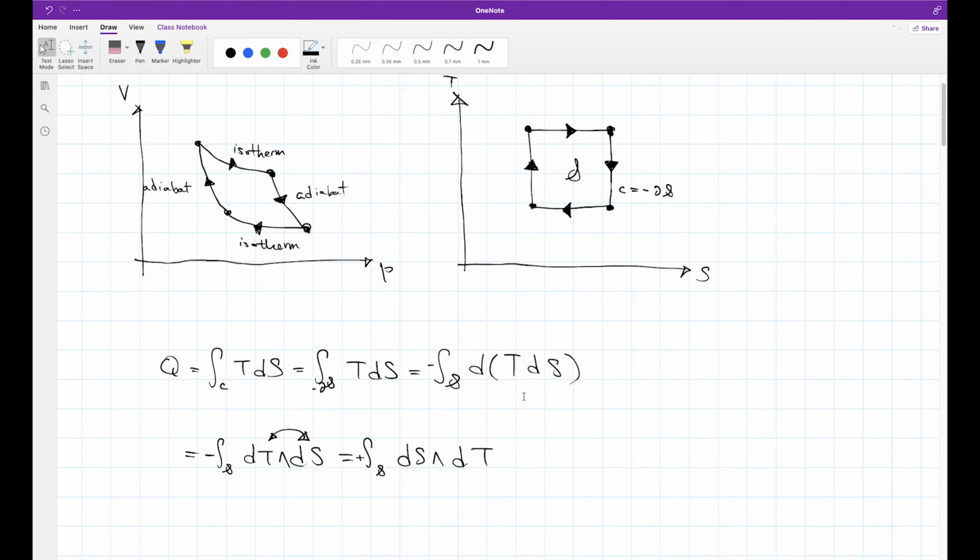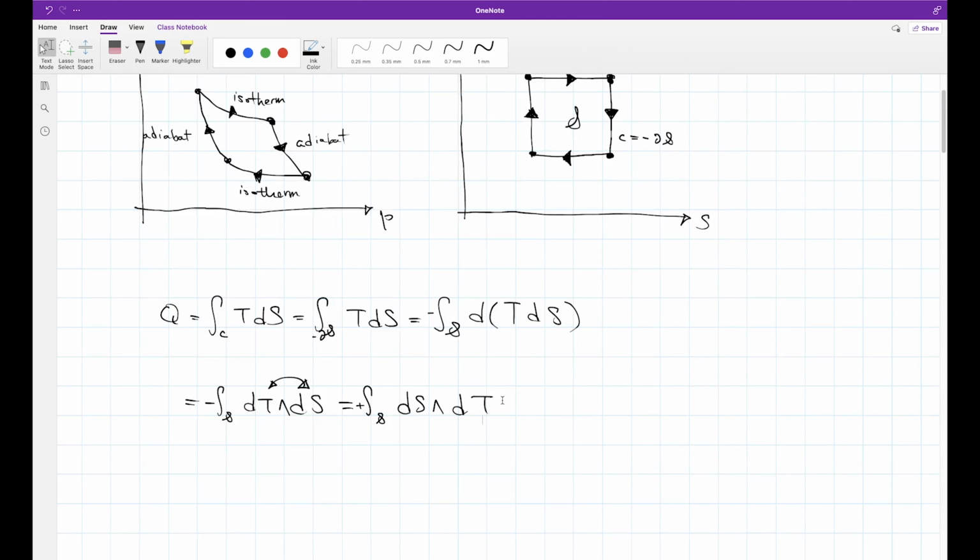Good. So total heat in a cycle equals the area inside of the cycle in ST space.